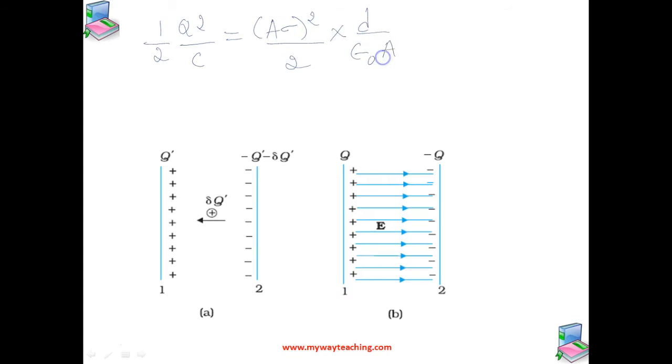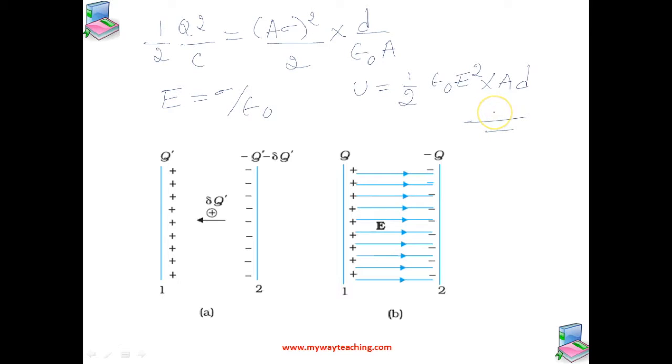Separation, as I told you, it is d. So the surface charge density sigma is related to the electric field by the equation E is equal to sigma by epsilon. So for a parallel plate capacitor, the energy stored is given by 1/2 epsilon naught E squared into Ad.